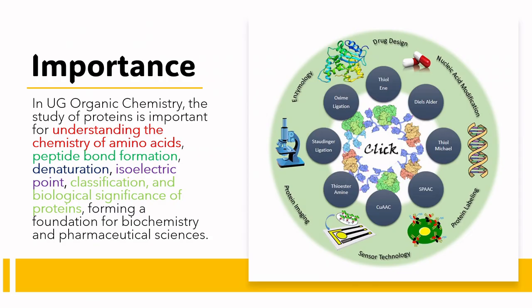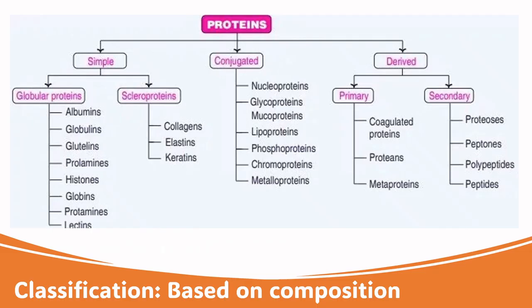Now, why is the study of protein important? It is important because to form a foundation of more specialized branches such as biochemistry or pharmaceutical sciences, an understanding of the chemistry of amino acids, peptide bond formation, denaturation, isoelectric point, classification and biological significance of proteins are all important.